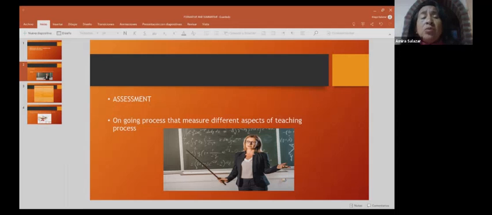They focus more on grades, and they try to stratify students. Teachers need grades in order to promote their students to a higher level. And one example of summative assessment, as I said before, are tests.